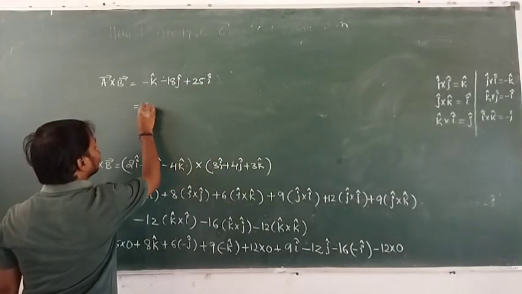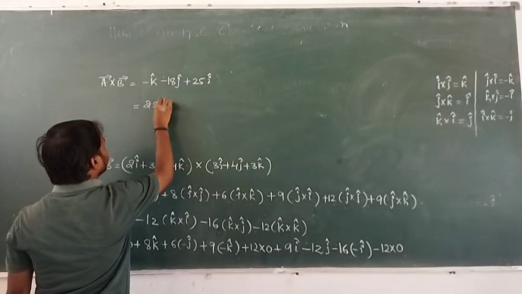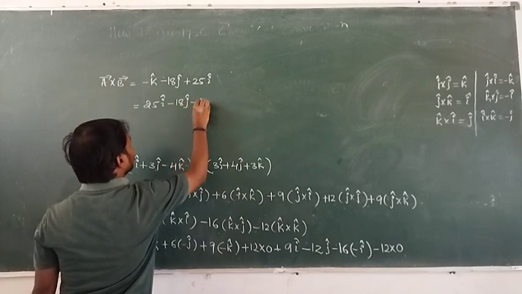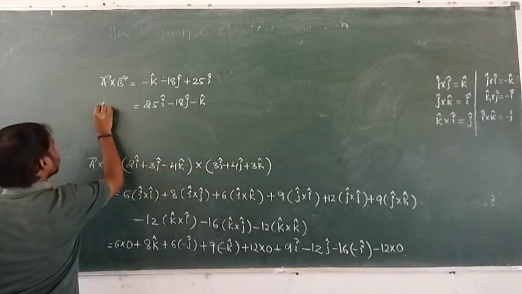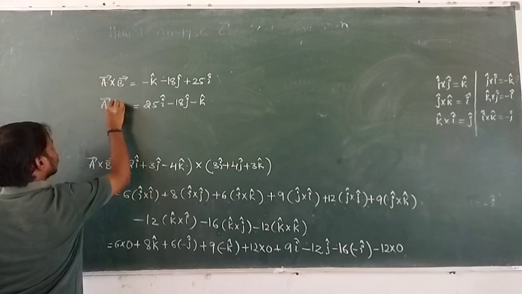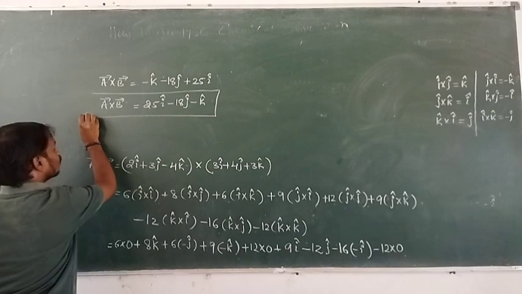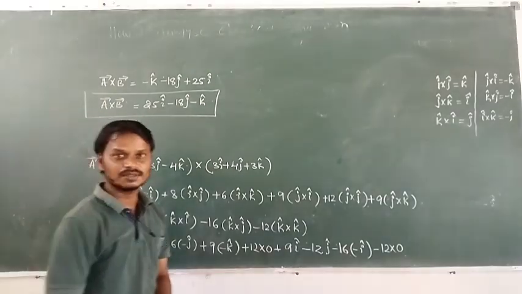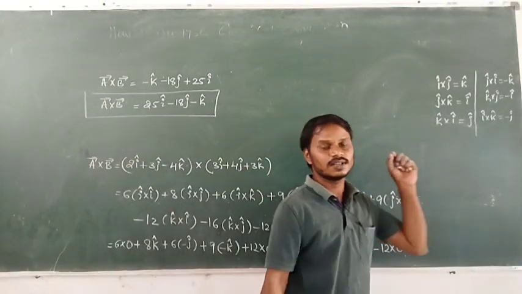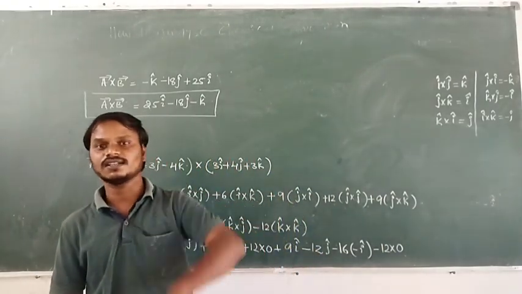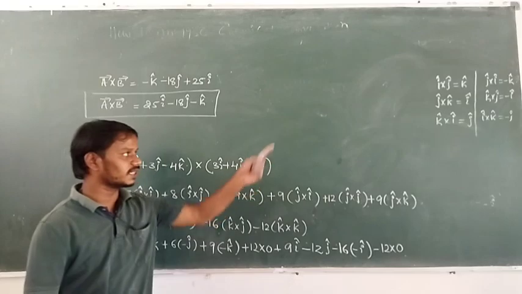Then we can write this as 25 i cap minus 18 j cap minus k cap. So this is the cross product of two vectors. Listen here, the cross product of two same unit vectors is 0, but the cross product of two orthogonal unit vectors gives another unit vector. Okay, remember that chart.